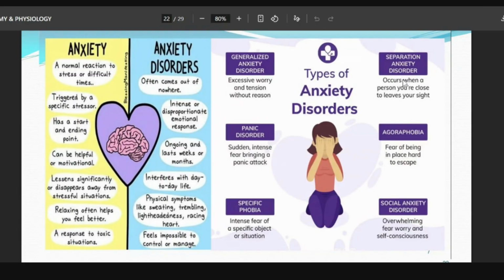Then separation anxiety means it mostly happens in kids, small kids. If we leave them in hostel, or if we leave them at daycare or somewhere, it's not that everyone will feel it, but a few kids who are very vulnerable might not want their close person to leave them.